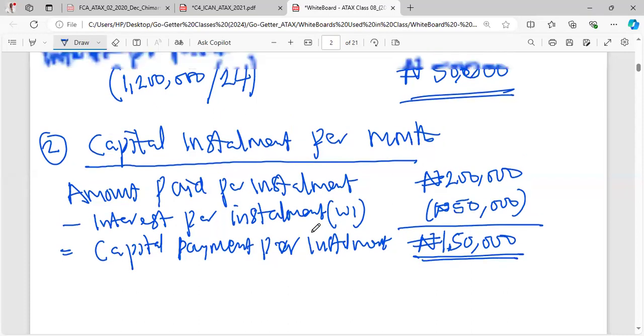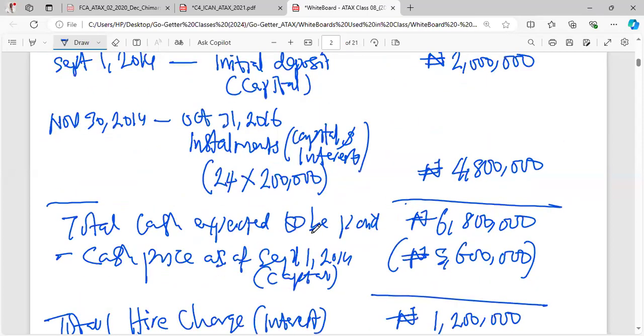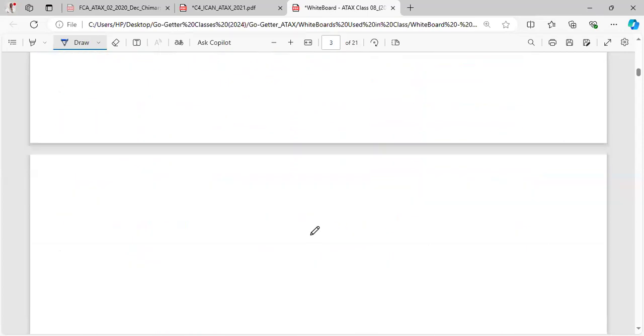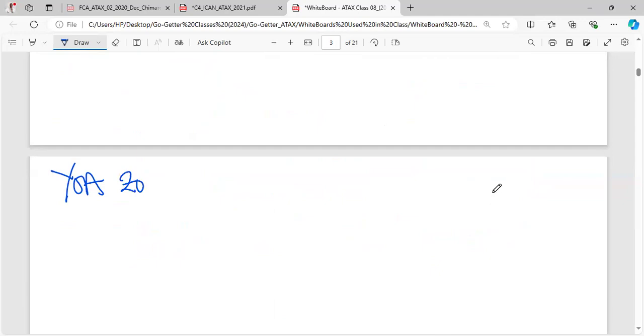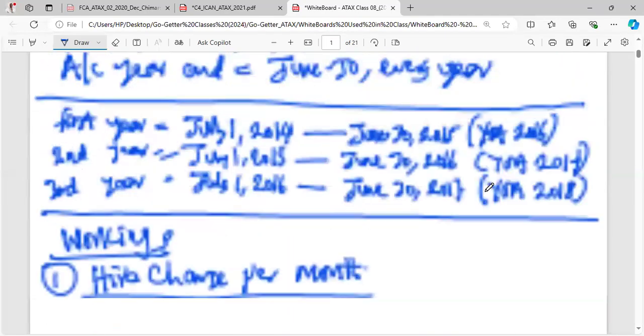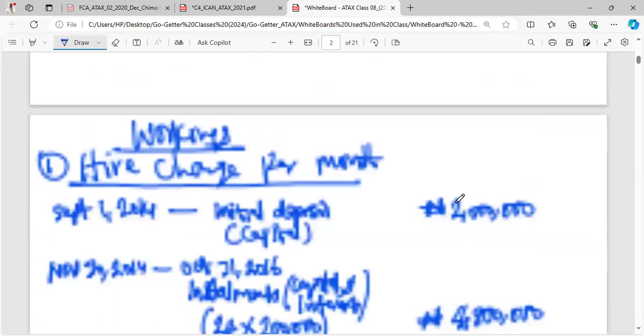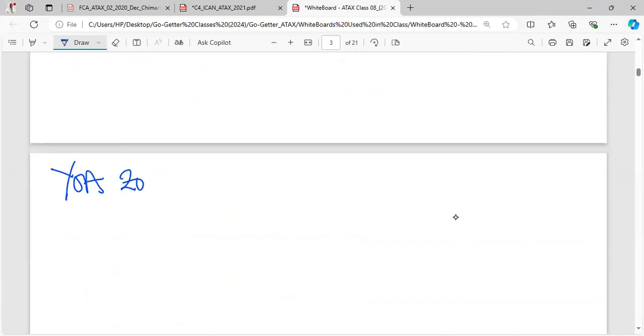So what happens now? The next thing is year of assessment 2015. Your basis period will be July 1, 2014.